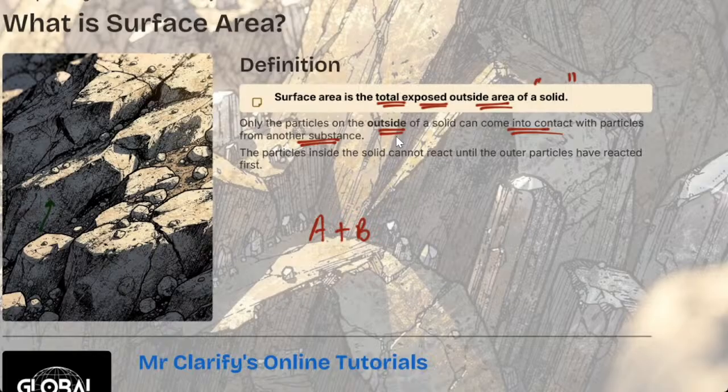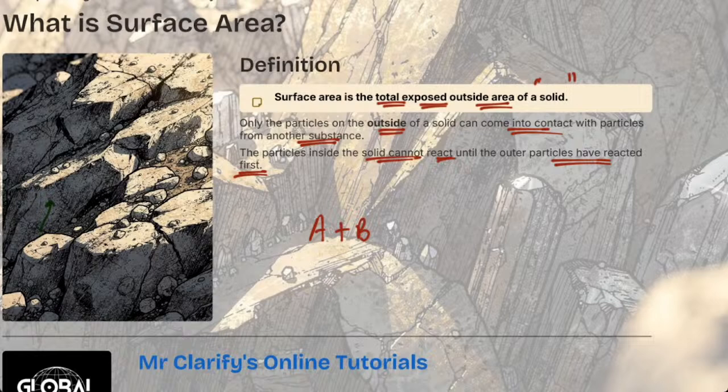The particles inside the solid cannot react because they are not exposed. They are not in contact with another one until the outer particles have reacted. So the particles on the inside cannot react until the particles on the outside have reacted. So that's a problem.